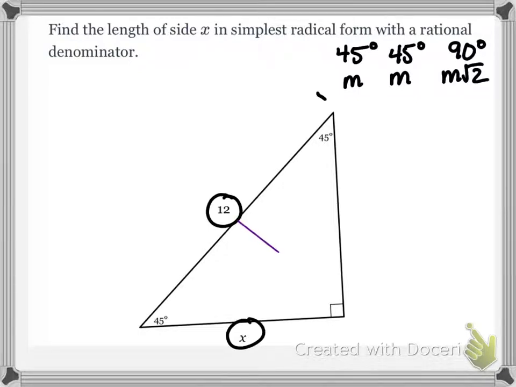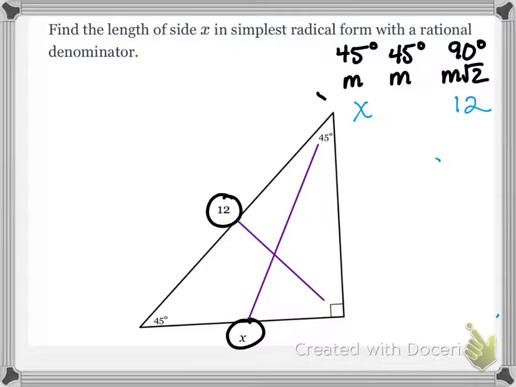Okay, so we've been given a 12, and we're looking for our x. Our 12 is across from 90. Our x is across from the 45. So x is across from 45, and 12 is across from the 90.